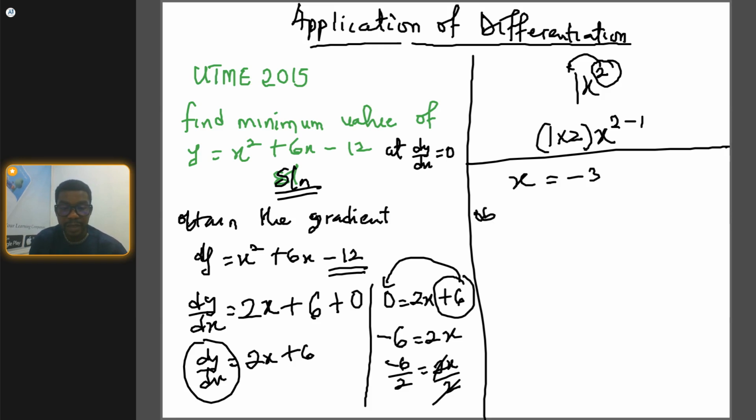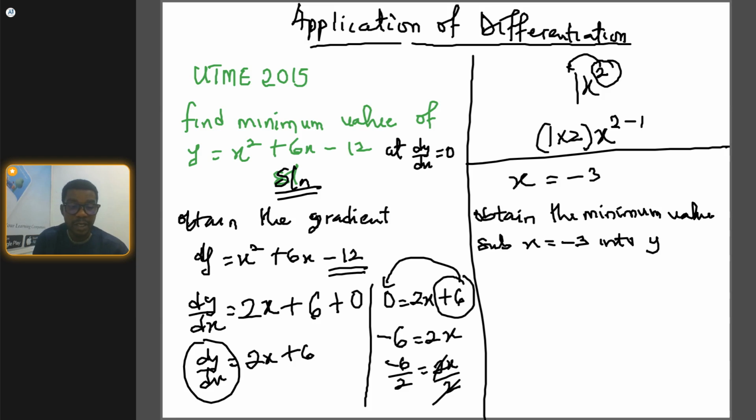To obtain the minimum value, you need to substitute x equals minus 3 into the curve, which is into y.